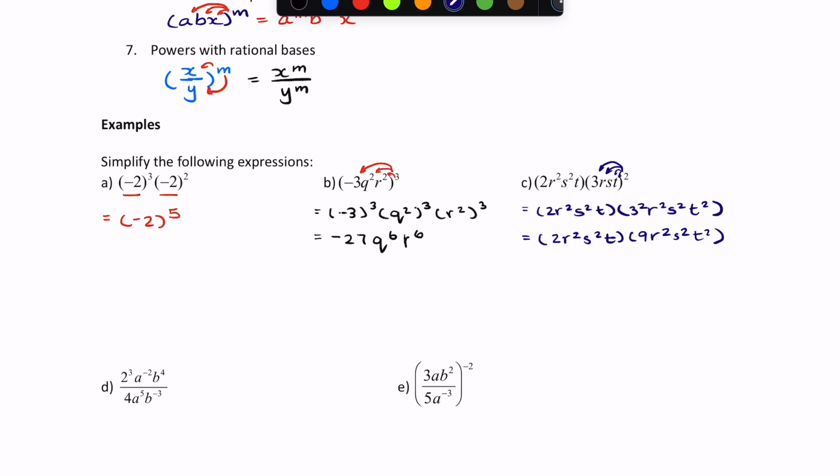So when we're looking at multiplying these, we'll multiply first the constants with each other, and then each of the bases to each other.